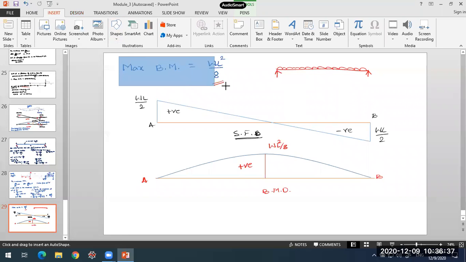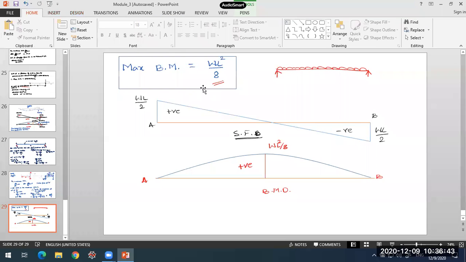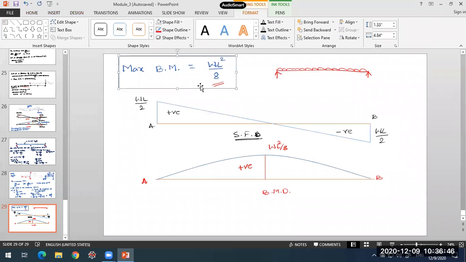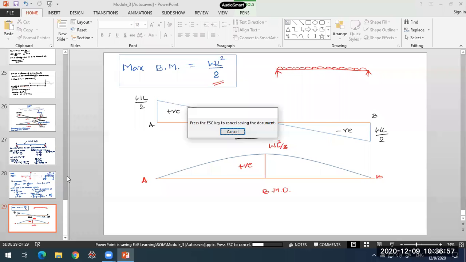And where will it occur? At the middle of the span. That is the important point to note in this case. These are some standard results. Is that clear? I hope everybody has understood this formula we derived. Some standard relations.